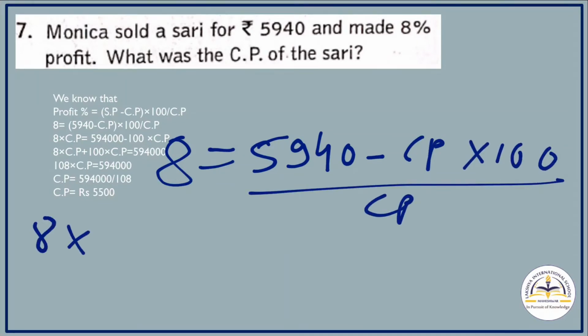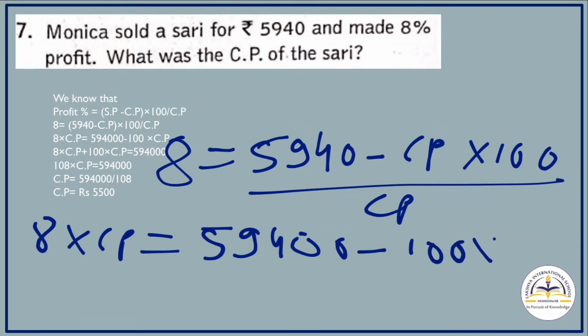So 8 into cost price equals to 594, when you will multiply by 100, you will get 100 multiplied by cost price.